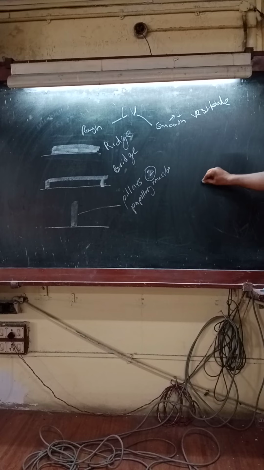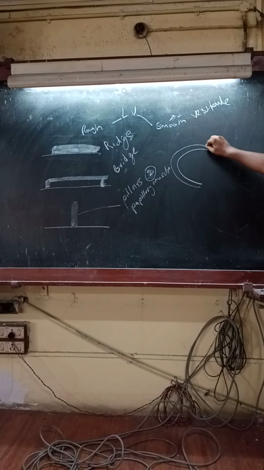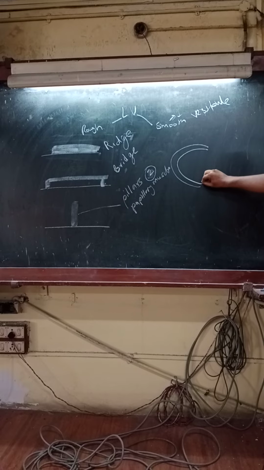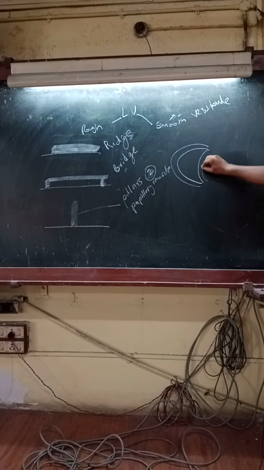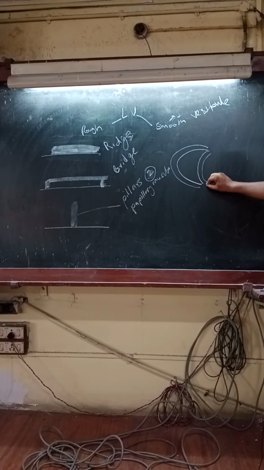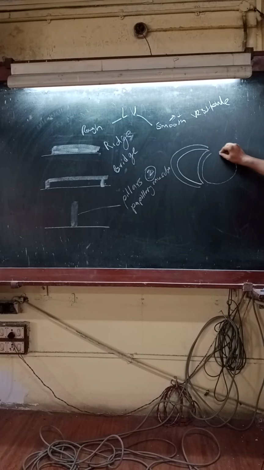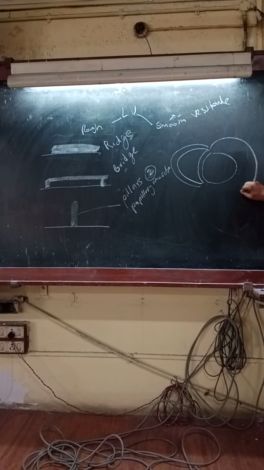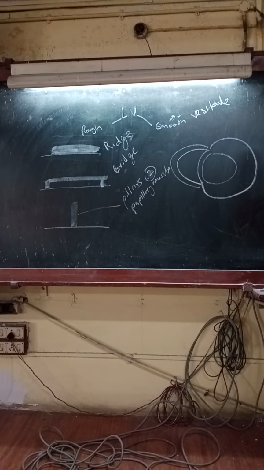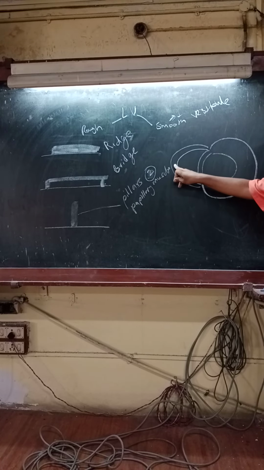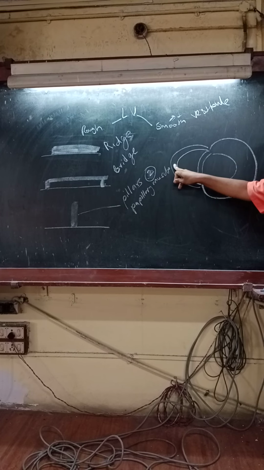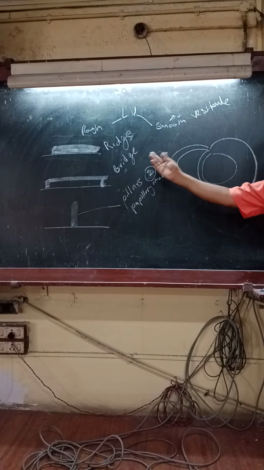So when you take a section, you actually see a thin right ventricle, a thin interventricular septum.